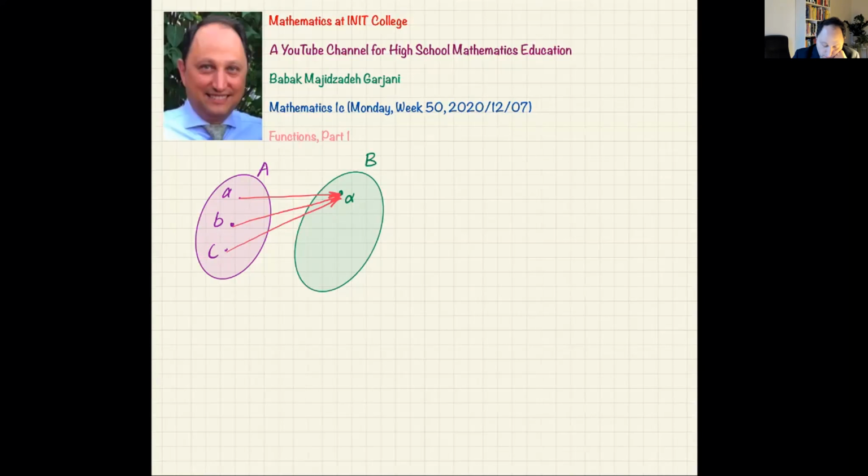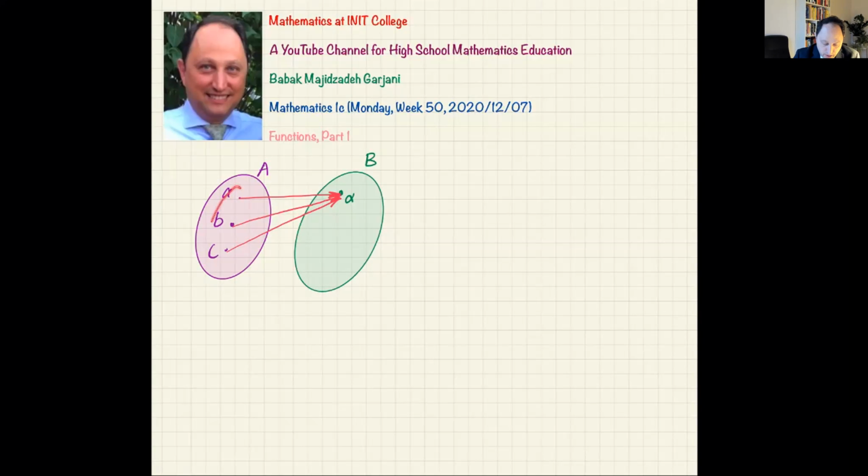So here, if I ask you, does this diagram represent a function? The answer is yes. Because first of all, from every element you see here, there is an arrow coming out. Are there any elements with more than one arrow coming out of it? No. So this means that this is a function.